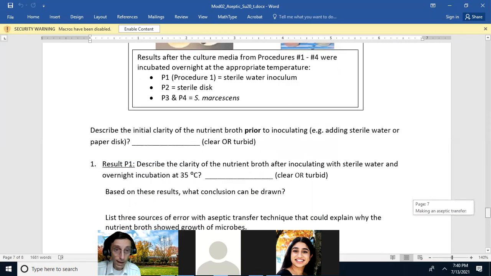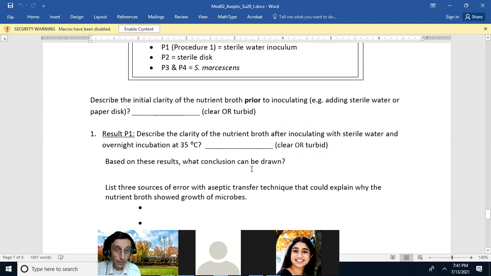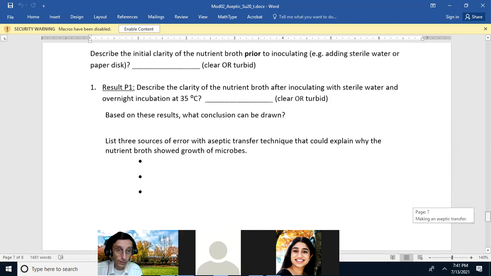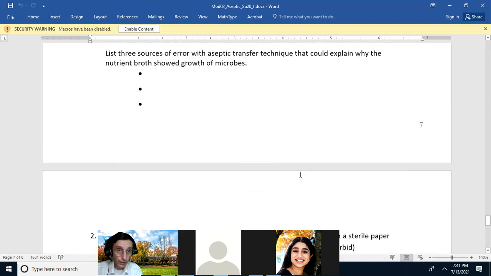And then answer the questions. There is a question 0, which is actually numbered 0 in the worksheet. So answer that question and answer question 1, and answer those in the worksheet. You must list 3 sources of error, and that's why we have the 3 hyphens there.